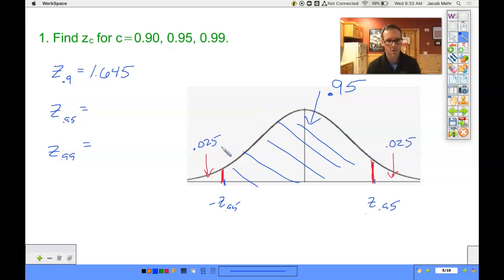So I'm going to look up 0.025. And I see that right at negative 1.96. So this is negative 1.96. This is positive 1.96. Our critical value for a 95% confidence interval is a z-score of 1.96.